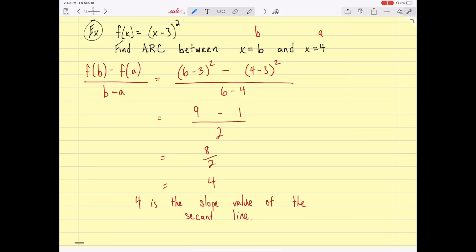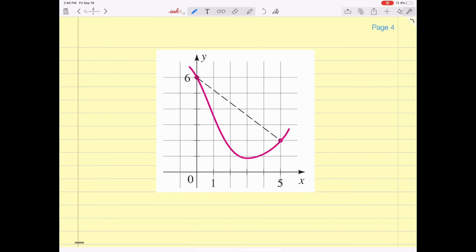All right, the next example we'll look at is just a visual of this. So here is some graph with a dashed line between 2 points. So if you were told to find the average rate of change between, let's say where the dots are, so x equals 0 and x equals 5.